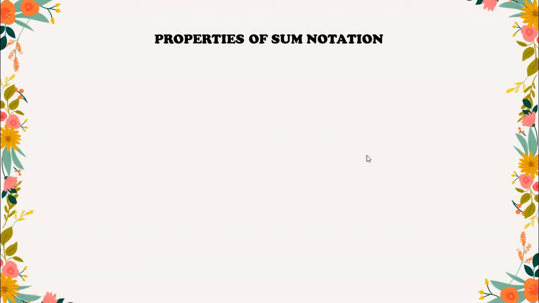Properties of sum notation. C is an element of the real numbers, and p, r, n are elements of the natural numbers. But remember everyone, c, p, r, n are just symbols, so you can use another alphabet if you want.